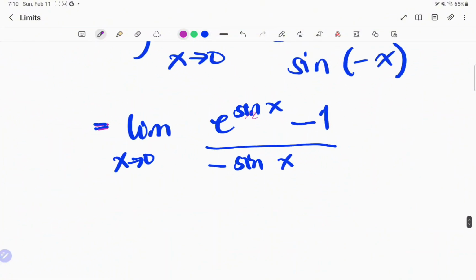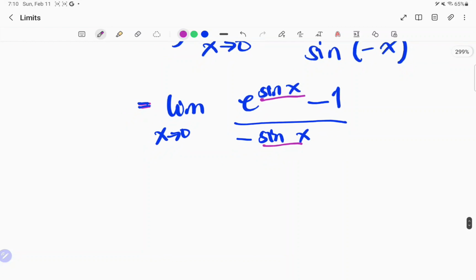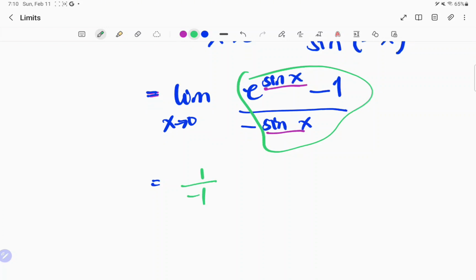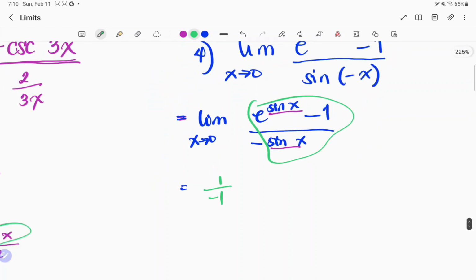We have this sine x in the exponent and sine x in our denominator, meaning the value of e raised to sine x minus 1 over sine x is already equal to 1. So we have 1 over negative 1. Then the final answer, as we take the limit as x approaches 0, is equal to negative 1.